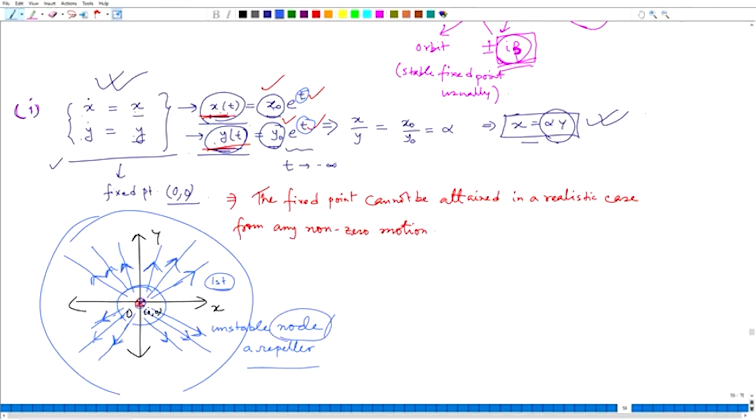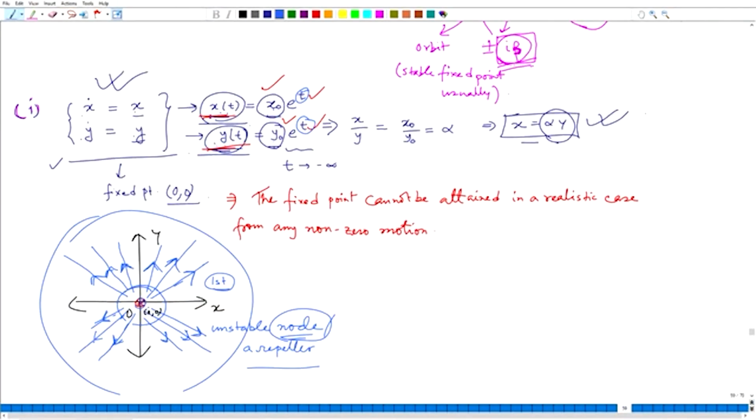A node is a special type of fixed point, for which if you make a little perturbation very close to the fixed point, then the matrix which is formed will always have two eigenvalues of the same sign. So to justify whether this is a node or not, we have to find the coefficient matrix in phase space.